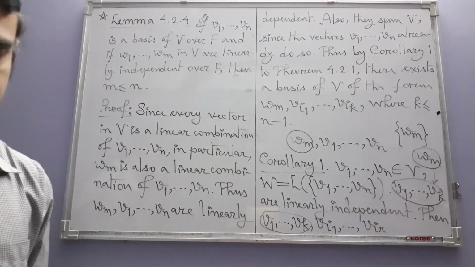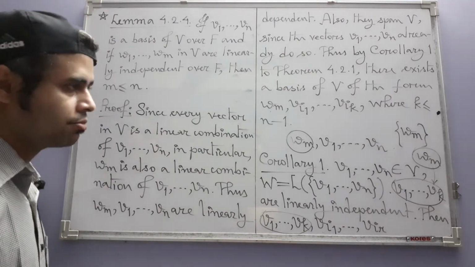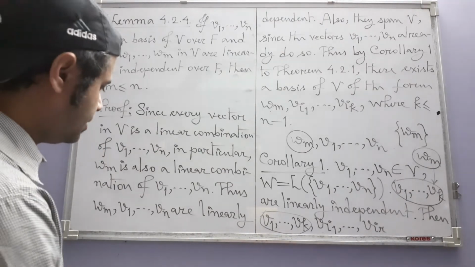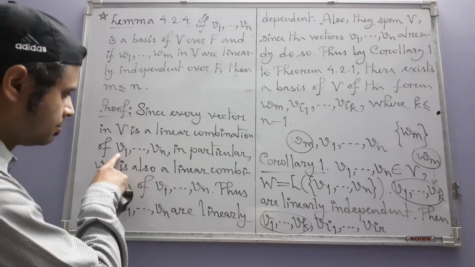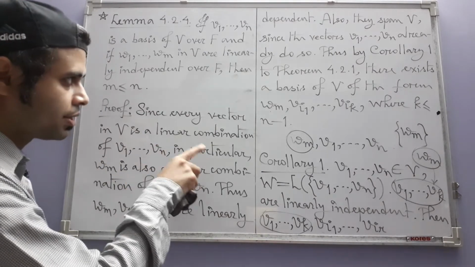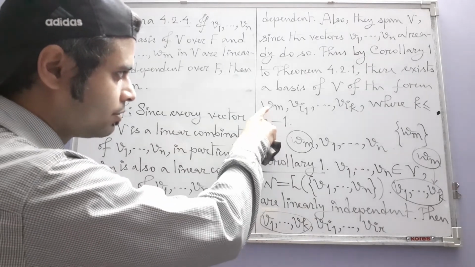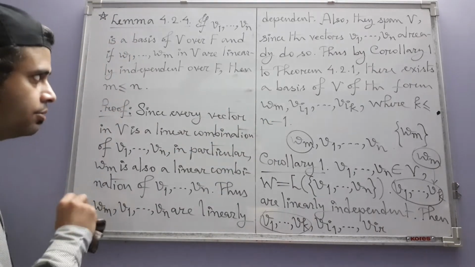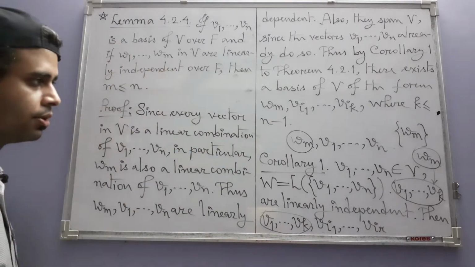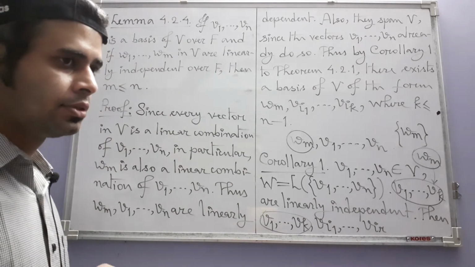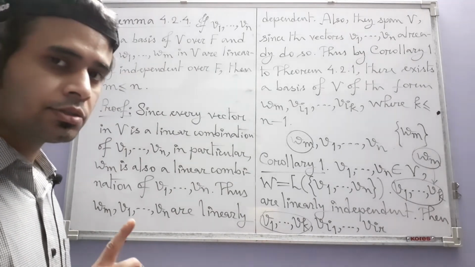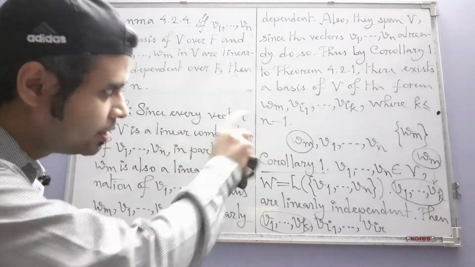Okay, so do you see what we have done? We started with a basis. We have now obtained another basis in which we have introduced one w from among these w's, and we have lost at least one v, possibly more.